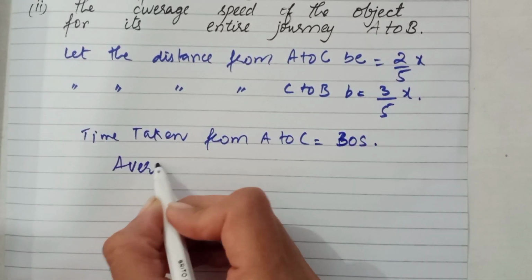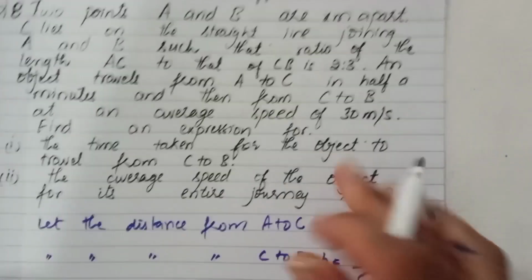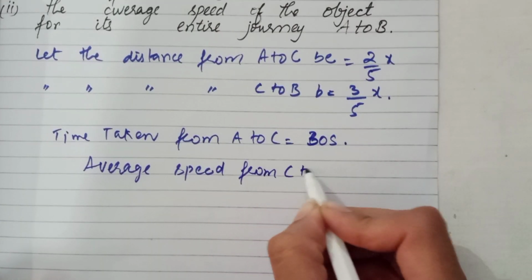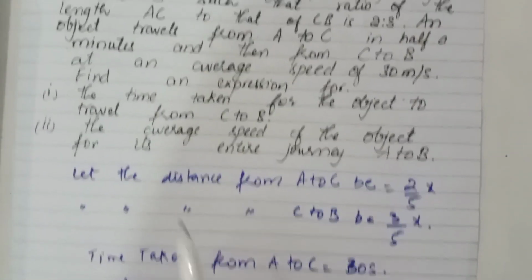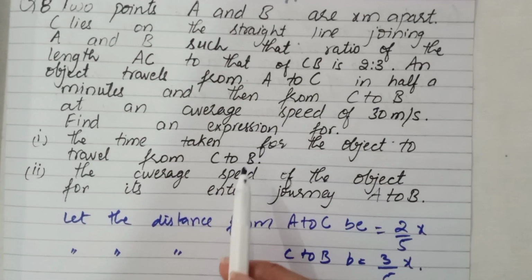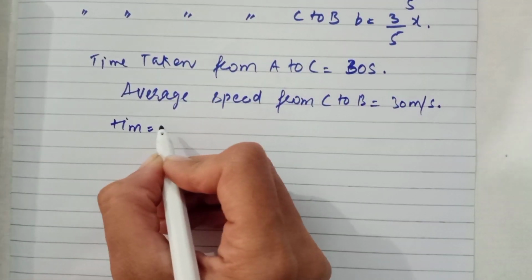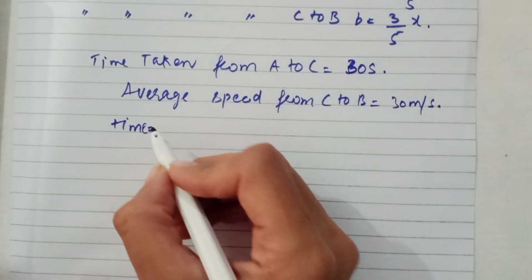The average speed from C to B is 30 meters per second. In part number 1, we have to find the time, and the time formula is distance over speed.